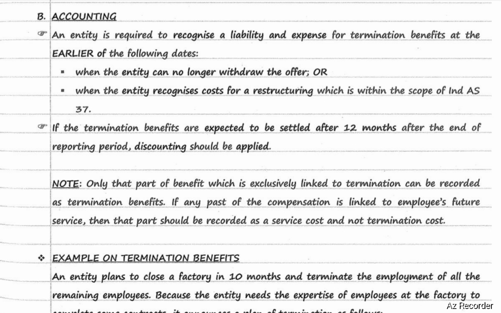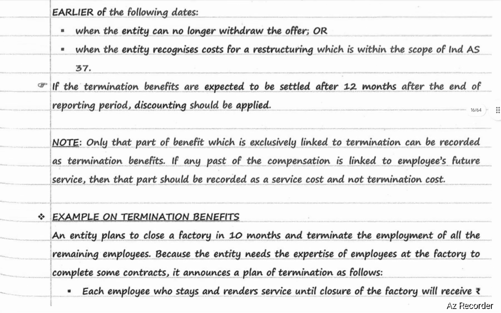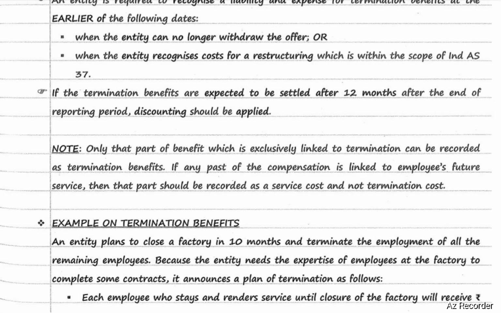If the benefits are expected to be settled after 12 months after the end of the reporting period, discounting should be applied. Only that part of the benefit which is exclusively linked to termination can be recorded as termination benefits. If any part of the compensation is linked to employees' future service, then that part should be recorded as service cost and not termination cost.